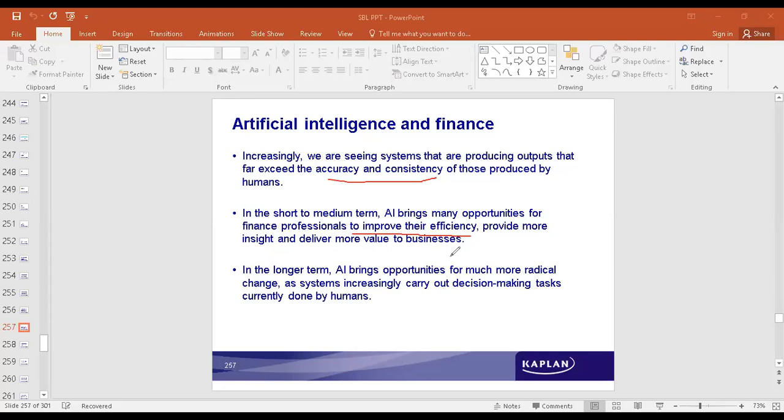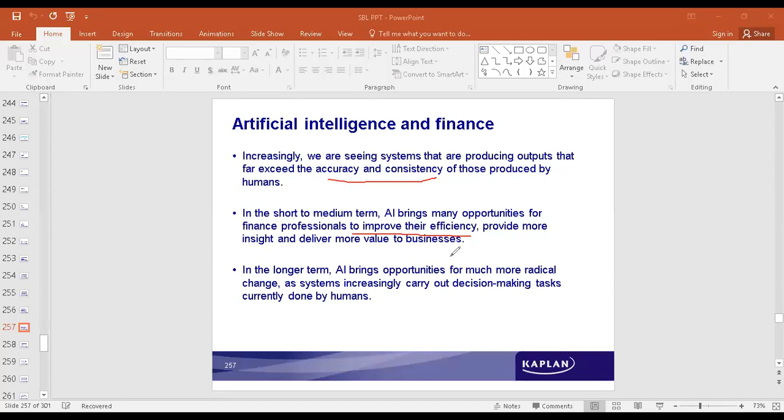Maybe they can think about diversification, growth, etc. So the areas where machines cannot replace human beings, they should be putting their focus on those areas to improve their efficiency, go for diversification, take up new tasks, etc.